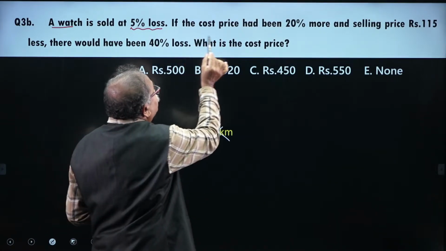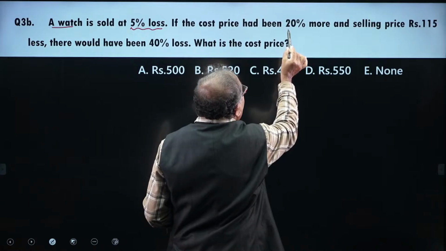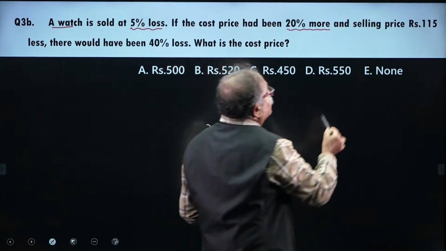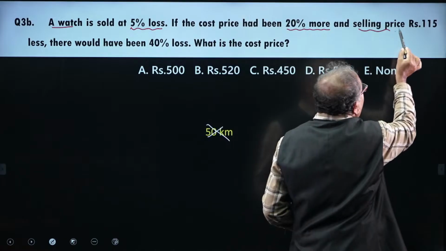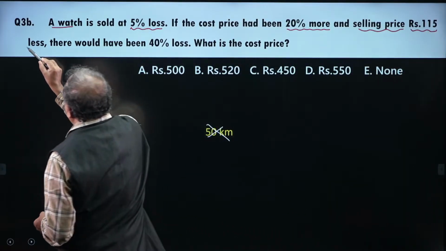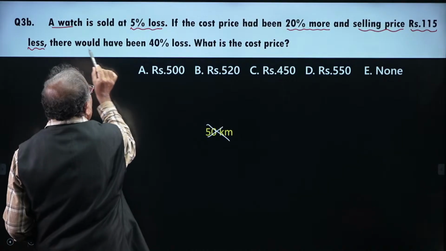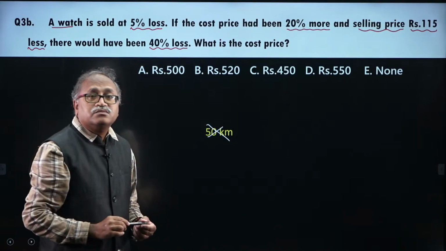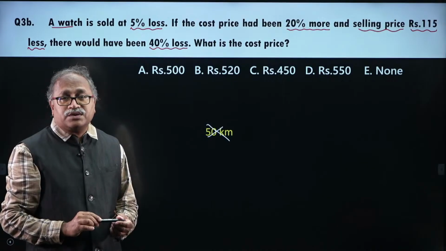If the cost price had been 20% more and the selling price is rupees 115 less, there would have been 40% loss. What is the cost price?